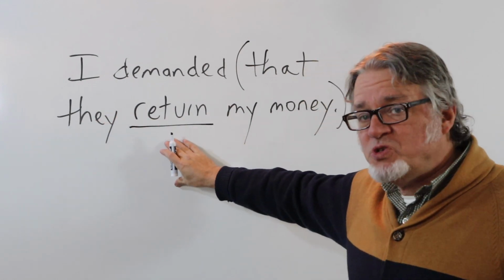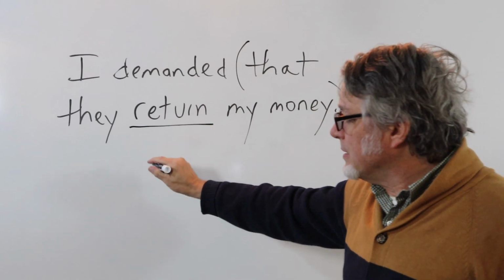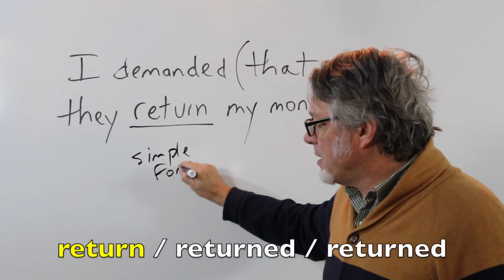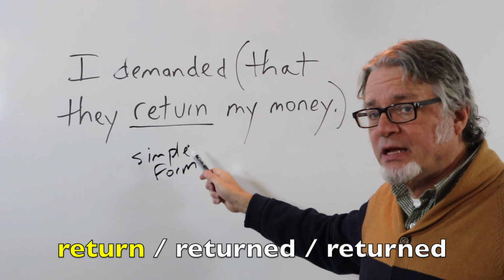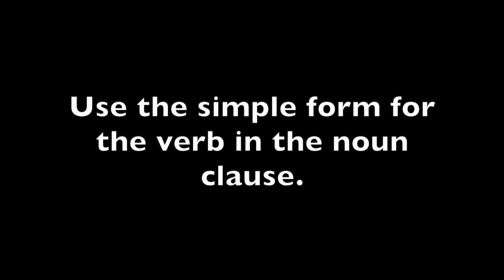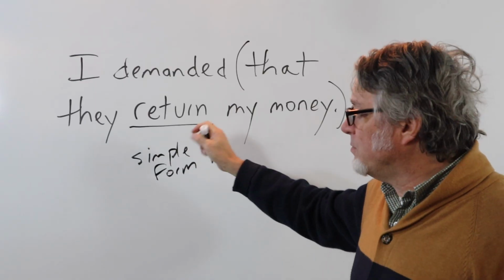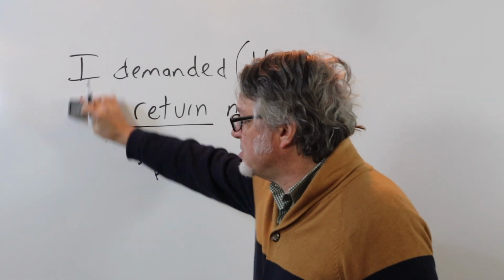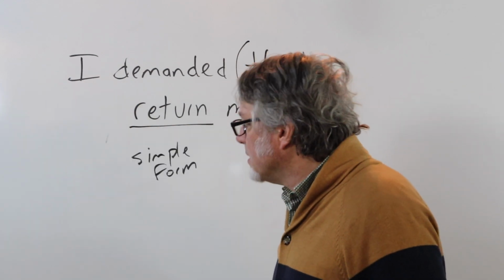This is in the subjunctive mood. It's in the simple form. It's not the present tense form, it's the simple form. If you change the subject, let's change it to he.